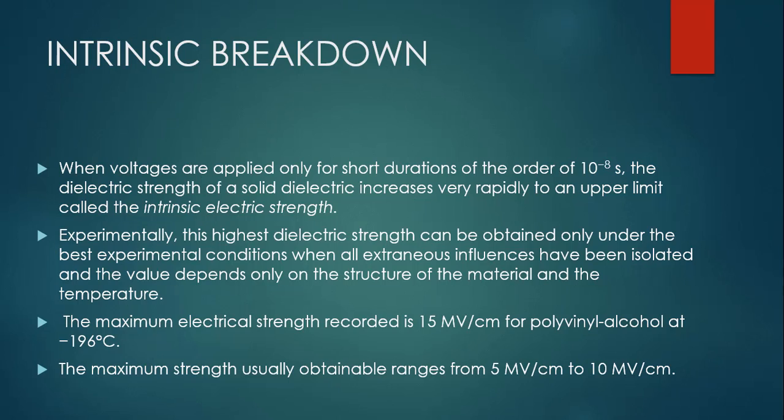The intrinsic breakdown depends only upon the presence of free electrons which are capable of migrating through the lattice of the dielectric. Usually a small number of conduction electrons are present in the solid dielectrics along with some structural imperfection and small amounts of impurities.